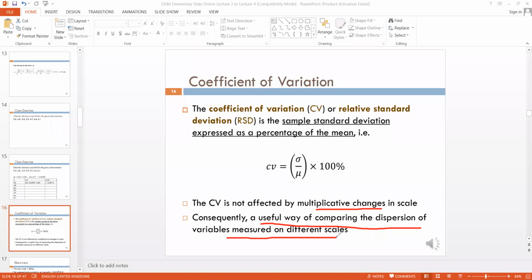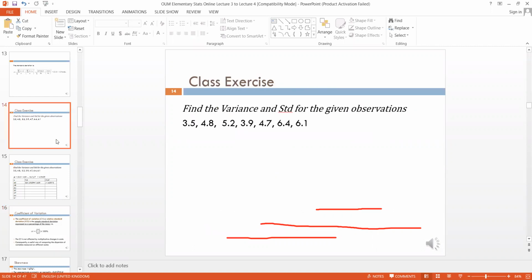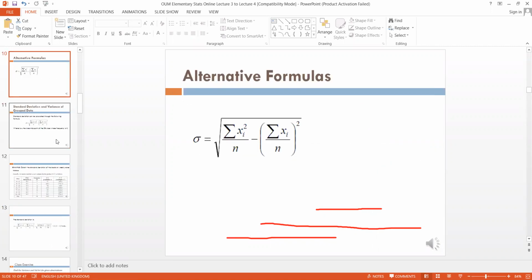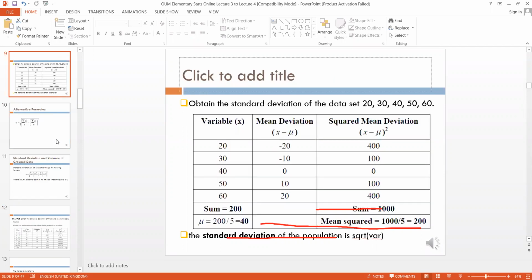So let's try to understand these, as well as the calculation of the coefficient of variation. We'll go back briefly to this example. Our mean was 200 and the standard deviation was 14.1.